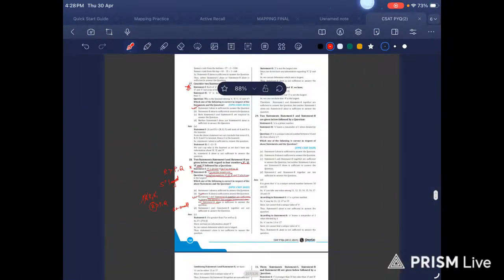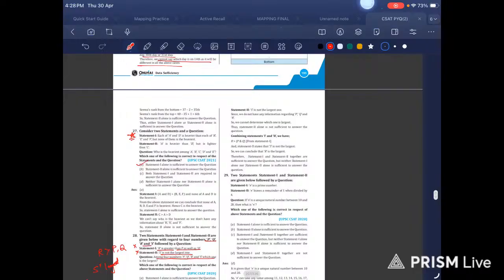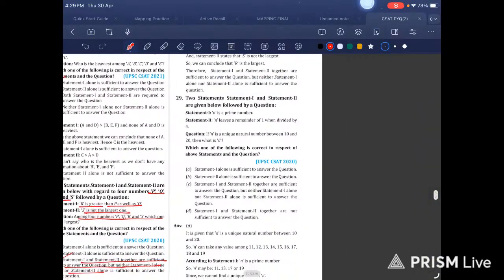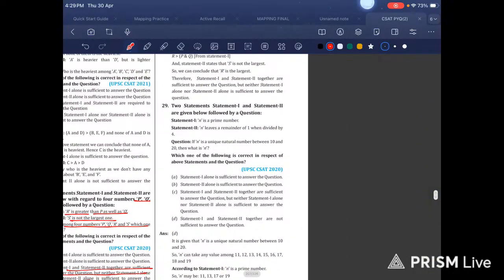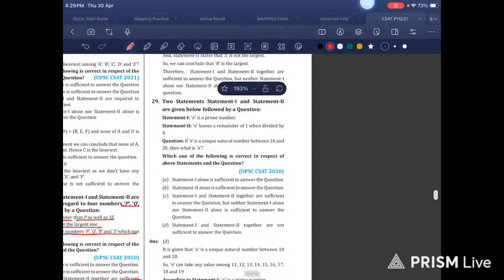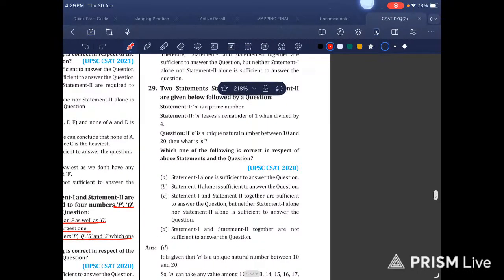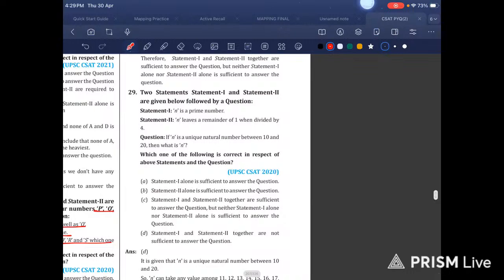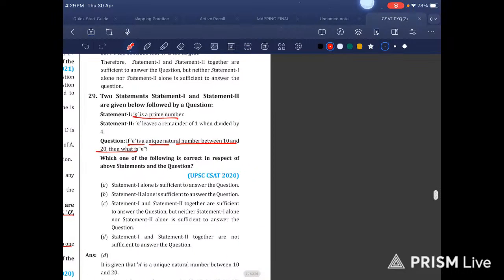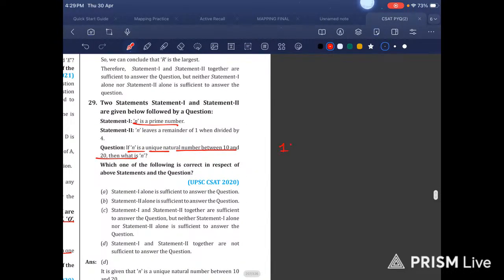Then we move on to question number 29. N is a prime number. If n is a unique natural number between 10 and 20, then what is n?